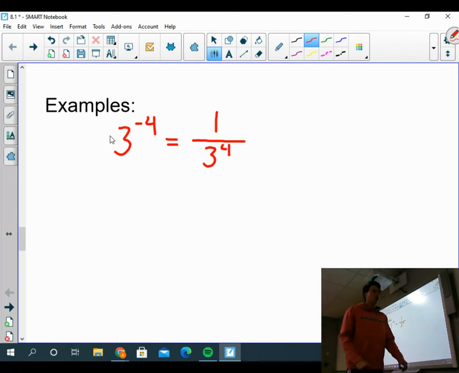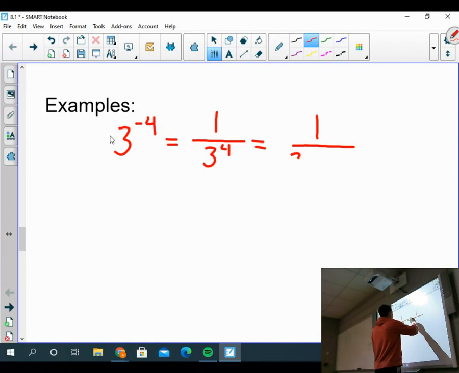By taking 3 to the negative 4th power, I am going to put the 3 to the 4th power under 1, and it will make that negative exponent turn into a positive. We move it to the denominator of a fraction. Now I can solve this.